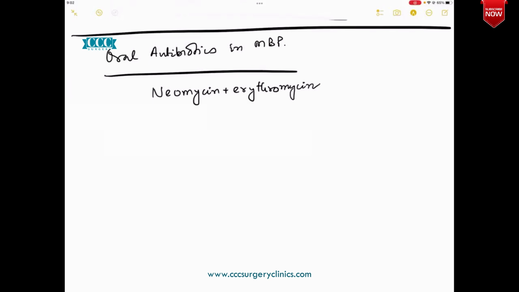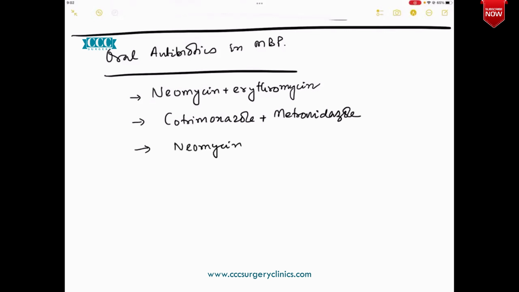Gradually down the line, there were many other regimes that came up, like cotrimoxazole plus metronidazole. The next came neomycin plus metronidazole.